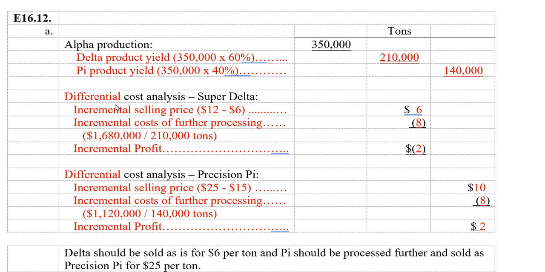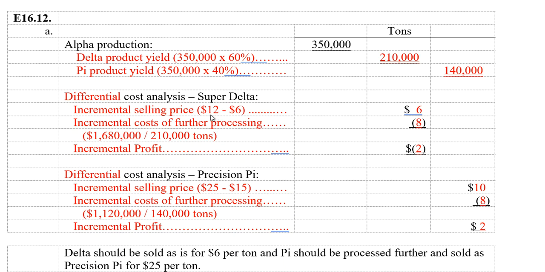So what we're doing is taking the incremental selling price, the incremental cost, and the incremental profit by processing delta into super delta. Differential means we take two things and compare the two. What is incremental? It's that part of it that increases.